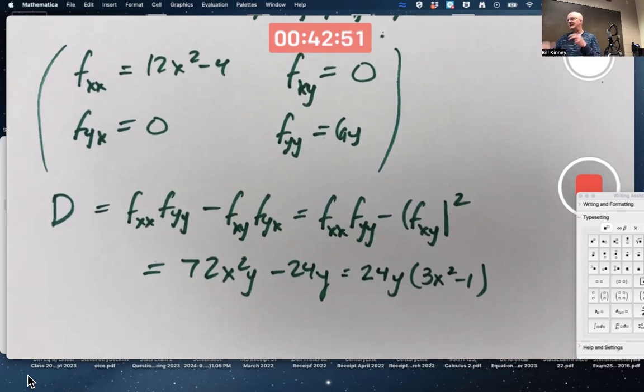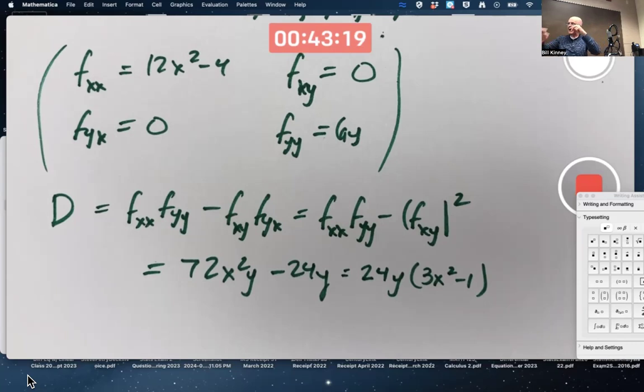It discriminates the types of critical points that you get. If when you plug in a critical point, you get a negative discriminant, that means that critical point is neither a max nor min, but something called a saddle point. That if you looked at the graph, you could sit on it like a saddle. I'm talking about the three-dimensional surface. That's the graph of the function.